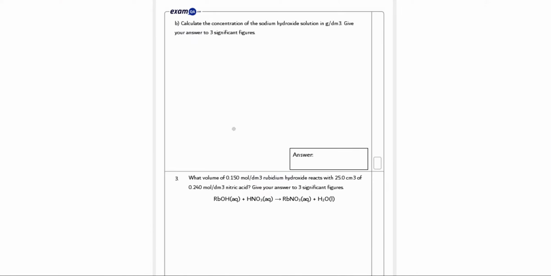If we move forward and find part B, calculate the concentration of sodium hydroxide solution in grams per decimeter cubed. So now we're changing the units. So it's really important that we think about what's going on. So we know that the concentration of sodium hydroxide in grams is going to be as follows.